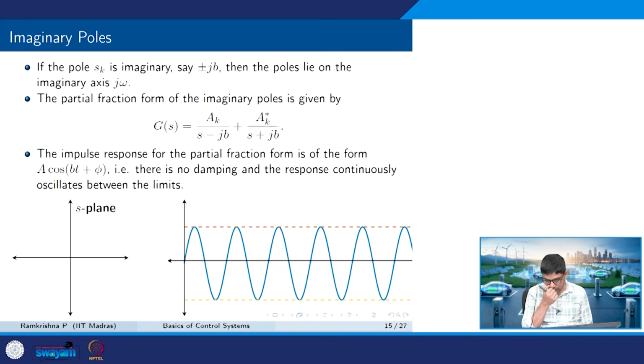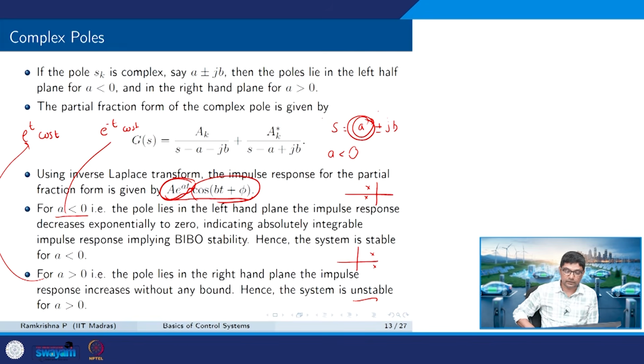Now, imaginary poles happen when there is no real part. Here the solutions were e^(at) cos(bt + phi).